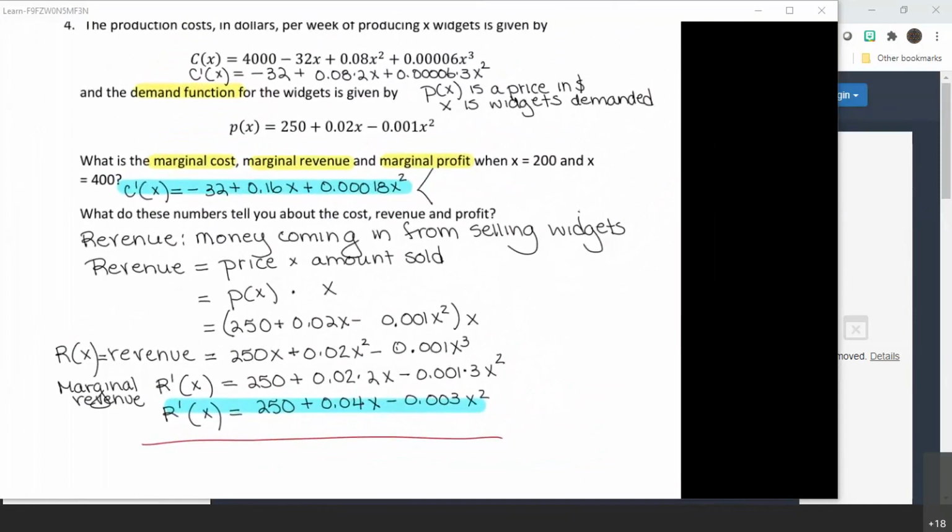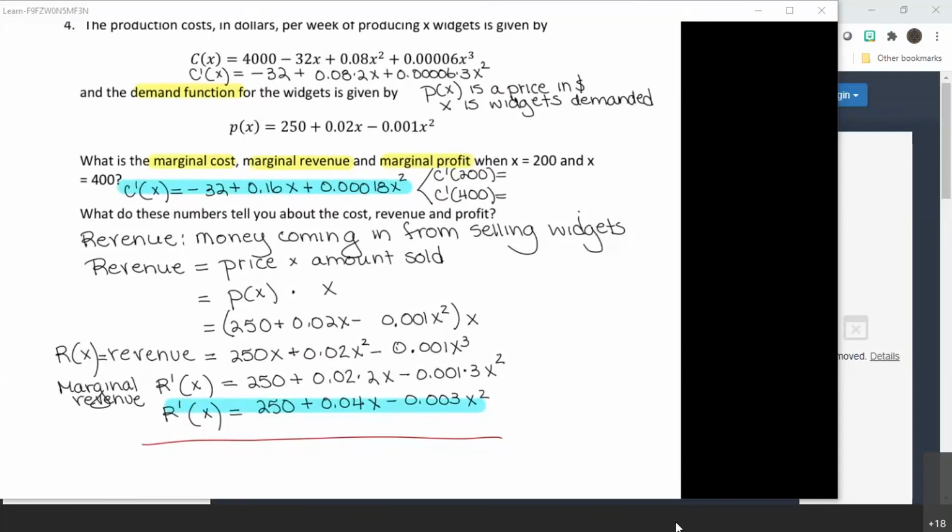So that's just a plug in 200 into my marginal cost and plug in 400. That's not even calculating, that's a calculator problem. Just everywhere you see the x, you're going to put in 200.